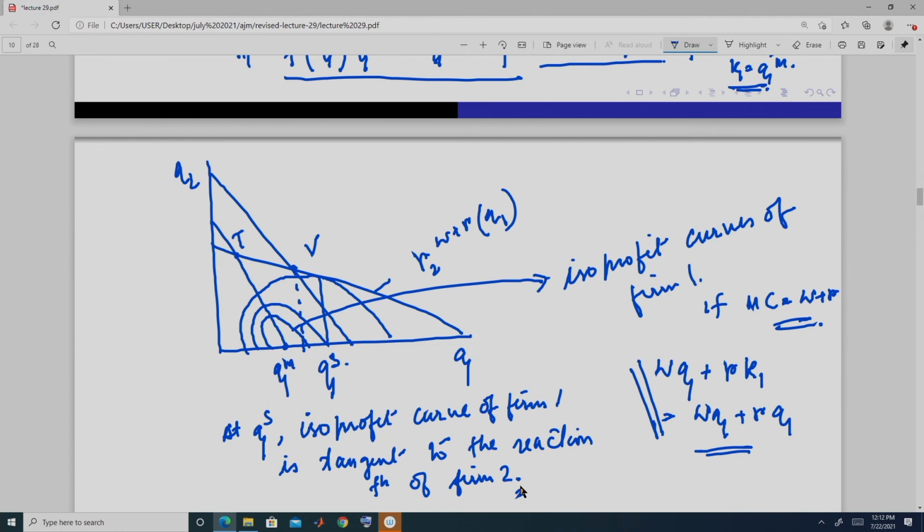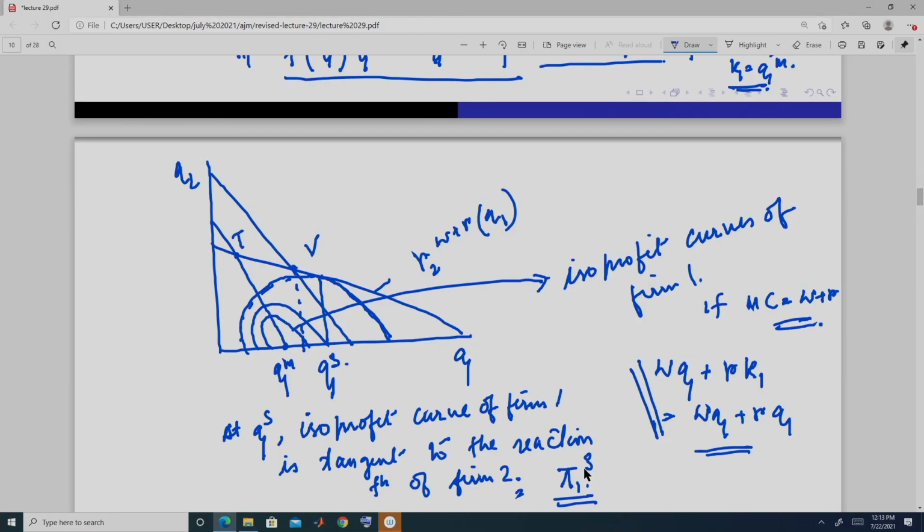We have this. So, we will get some profit, and suppose this is the Stackelberg profit of farm 1 represented in this way. Then each point on this isoprofit curve will give me this, because isoprofit curves mean all the combinations of output of farm 1 and output of farm 2 so that the level of profit is fixed. So, we will have an output here also.